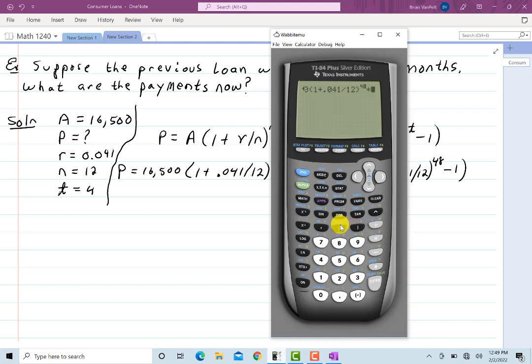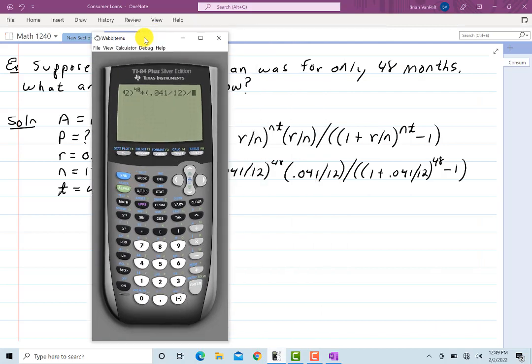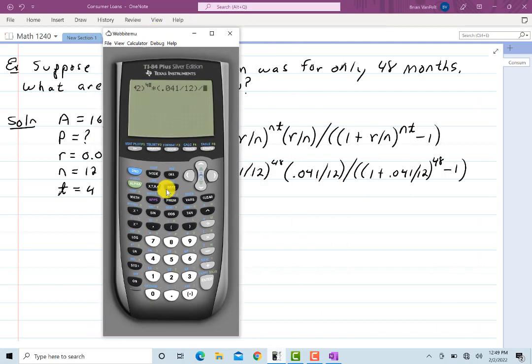I'm not certain this times is necessary, but I'm being careful. 0.041 divided by 12. Finish that off. Start the division bar, I guess. Go to 2 parentheses. Let me move this out of the way. Start 2 of them.